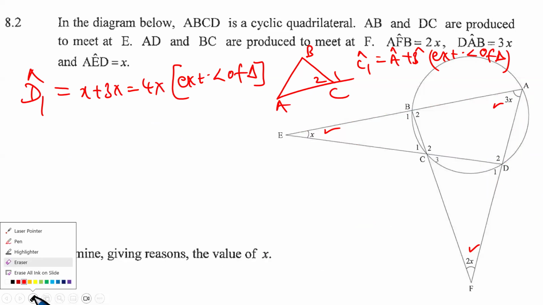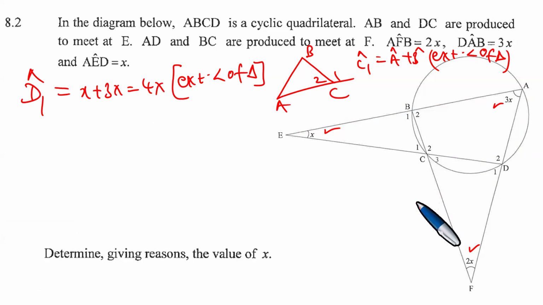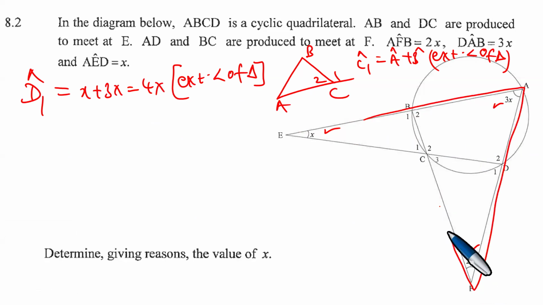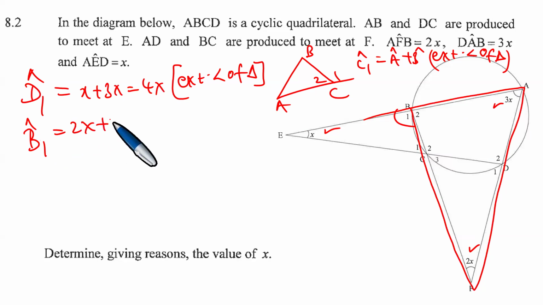Next, having been done with that one, we can remove this and focus on the other one. So you can now find the size of the angle B1, for example. The angle B1 is the exterior angle of the triangle, equal to 2x plus 3x, which is 5x.